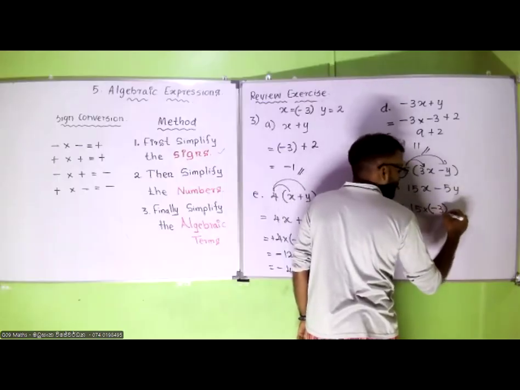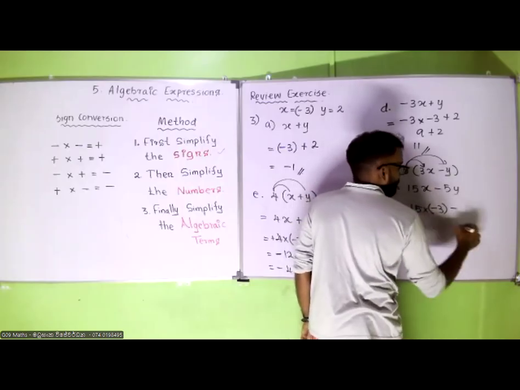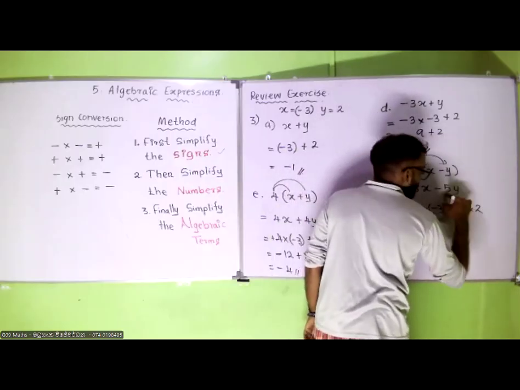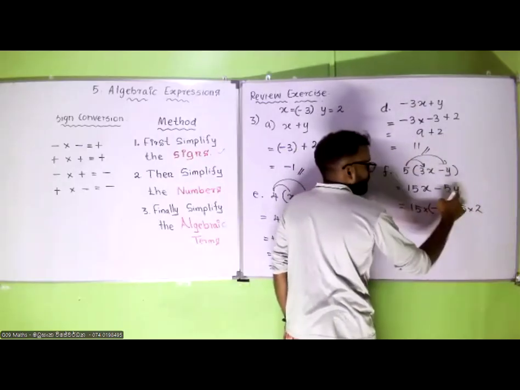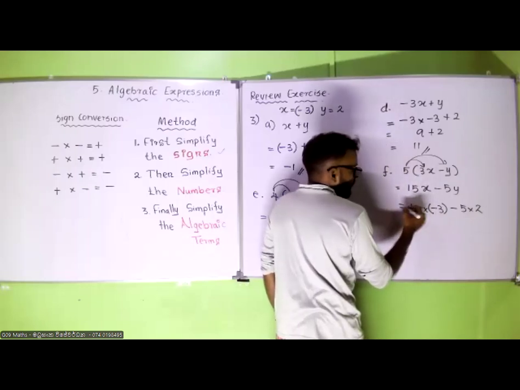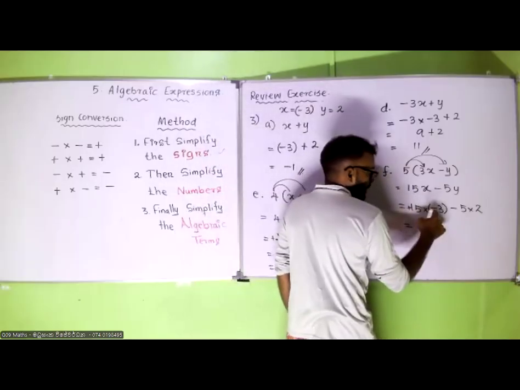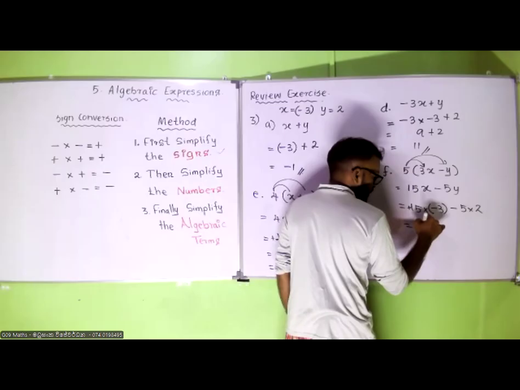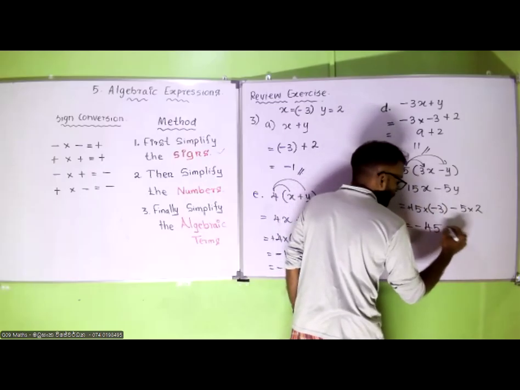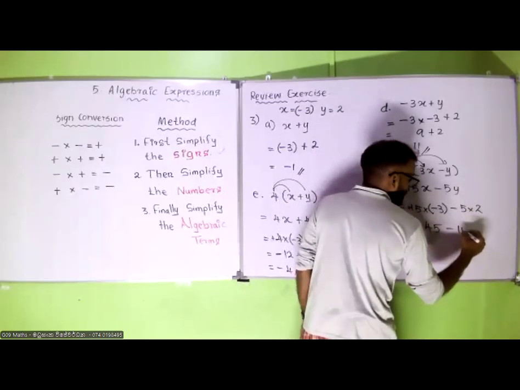If you want, you can use bracket. I will use bracket here. Negative 5 times y means 2. 5 times 3, this is positive 15. You know already that. Positive multiplied by negative, negative. 15 times 3, 45. Then negative 5 times 2, 10.